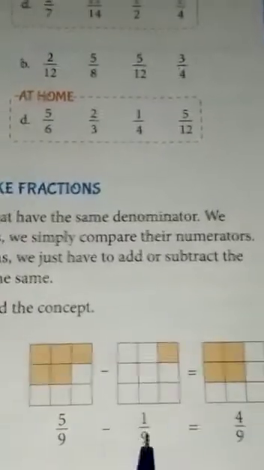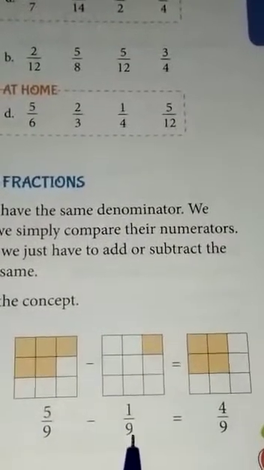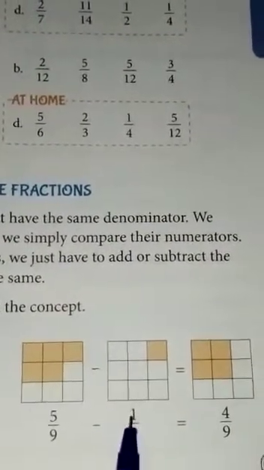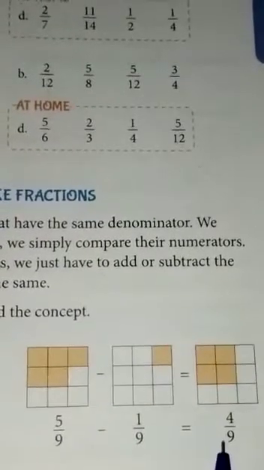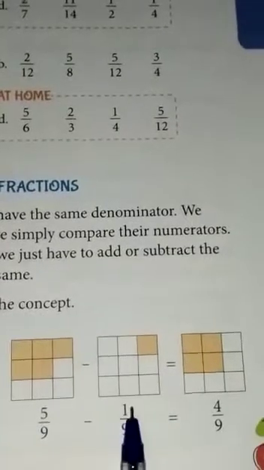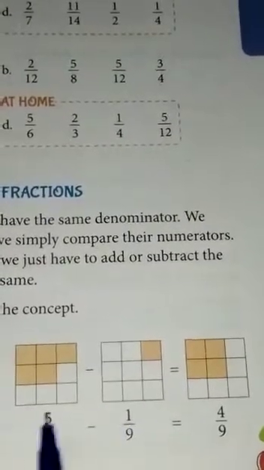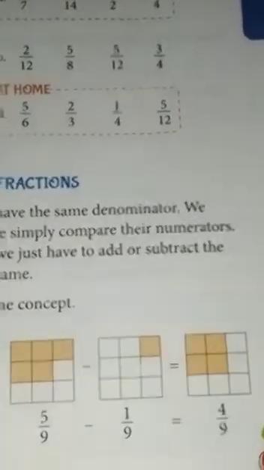You can see the denominators are the same but the numerators are changed, 5 and 1. We keep the denominator the same and subtract the numerators. 5 minus 1 equals 4. 4 divided by 9. So students, like this we are going to solve some exercises.